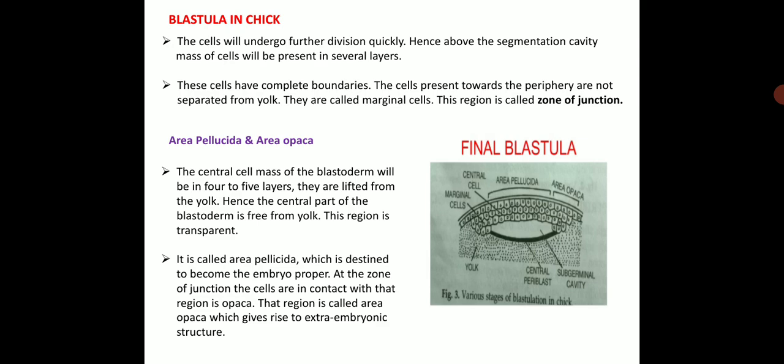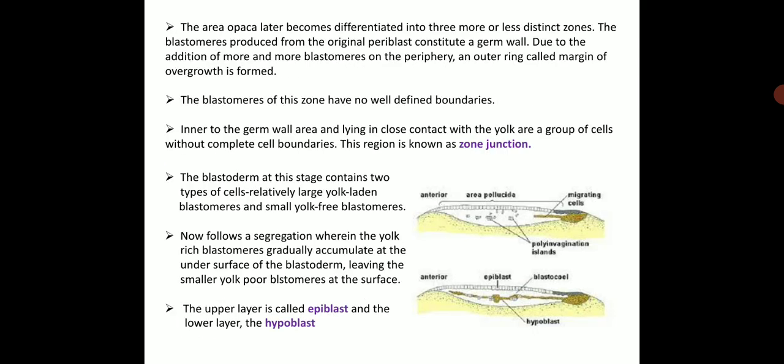So here in this picture you can clearly make out the central subgerminal cavity, or the blastocele, and the two important cell types we have talked about, the central cells and the marginal cells, and the yolk which has been lifted, and the two areas formed, the area pellucida and area opaca.